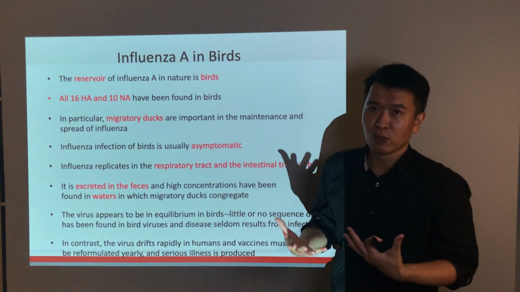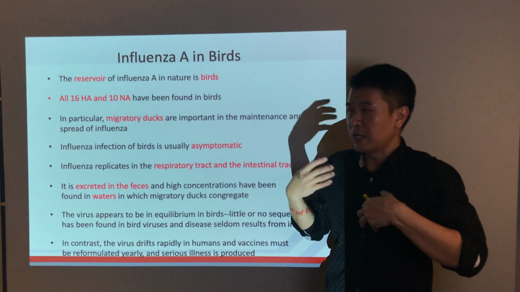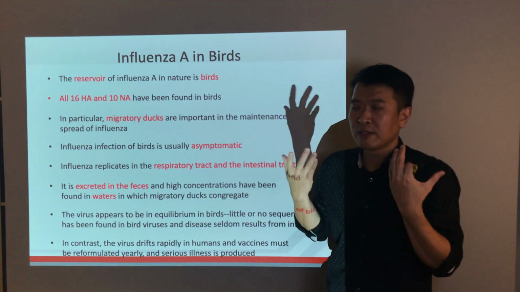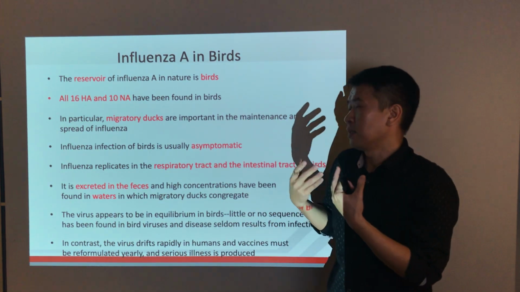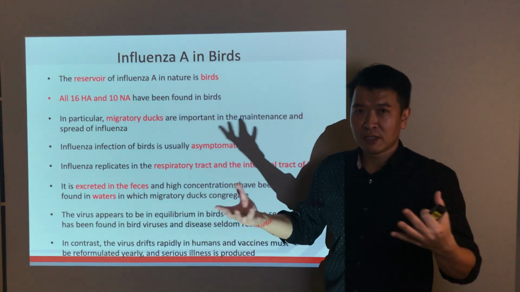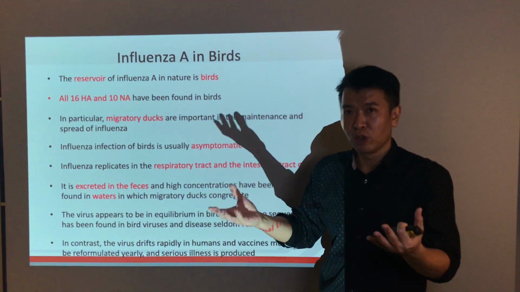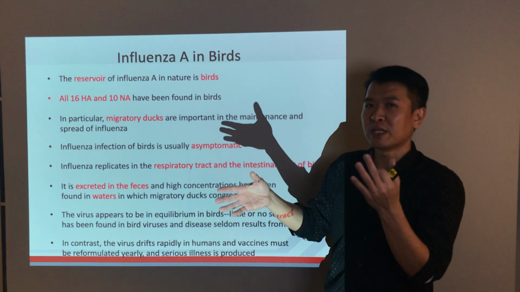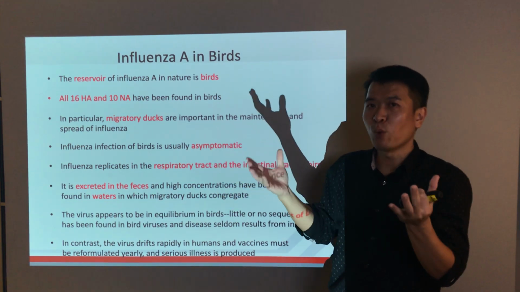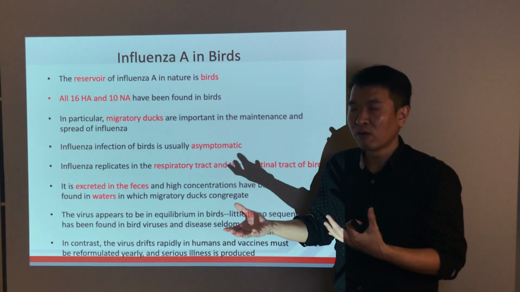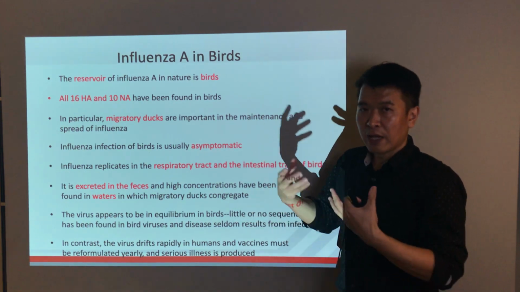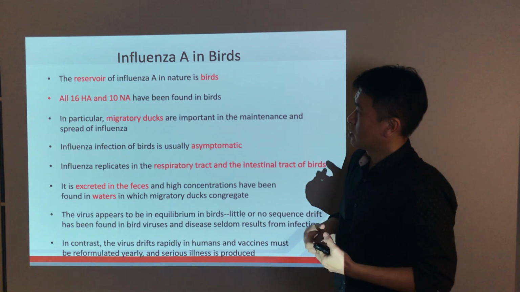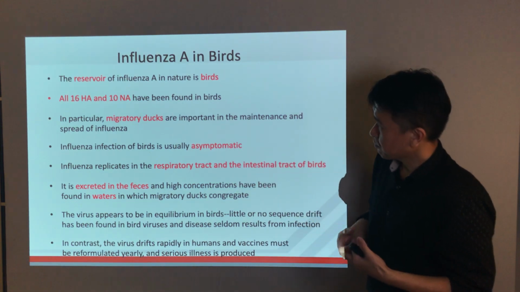The virus goes into the birds and replicates, and then the birds defecate everywhere, releasing all the virus into the environment. These migratory ducks normally station at areas where there's a water reservoir, and that is where they spread the virus.